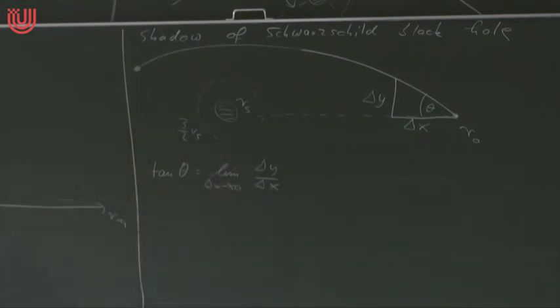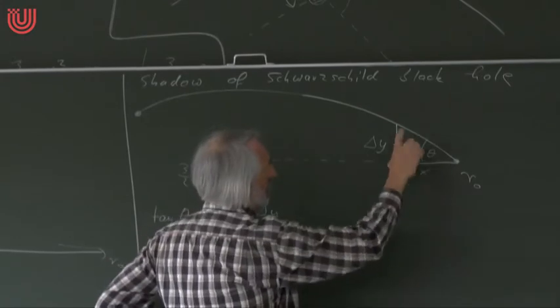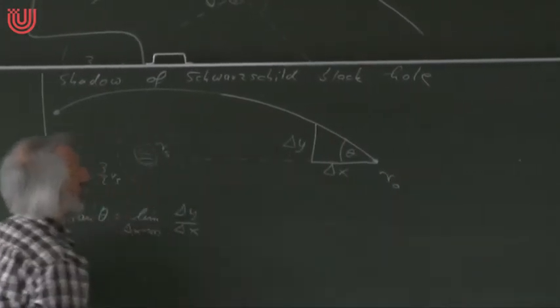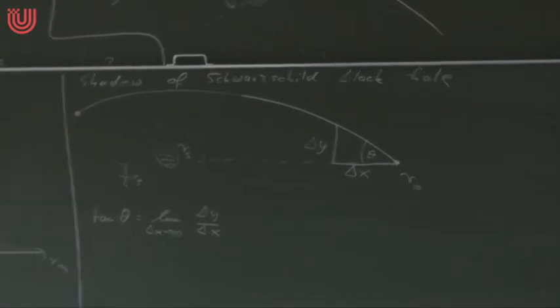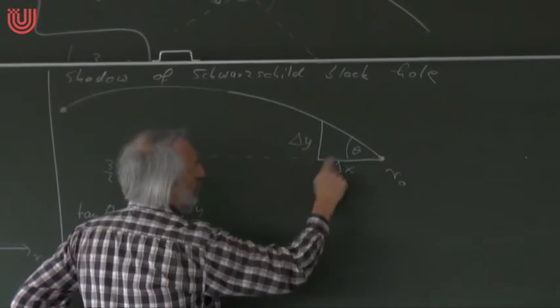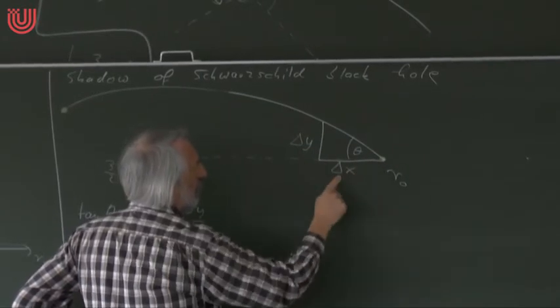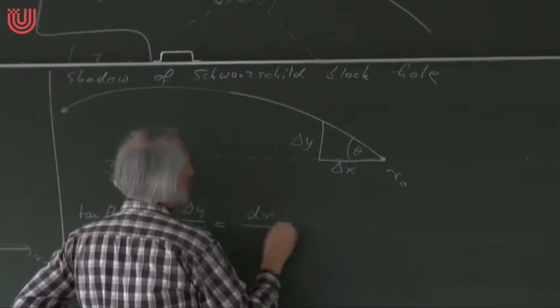And of course I have to measure these lengths, delta x and delta y, with my metric. So I have to read the length measure from the metric. This is the length where only the r coordinate varies, phi is constant. So I could write this as dr.